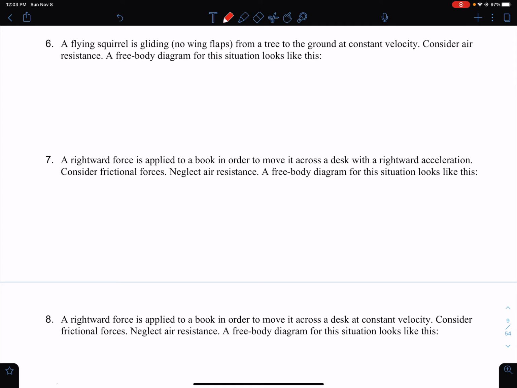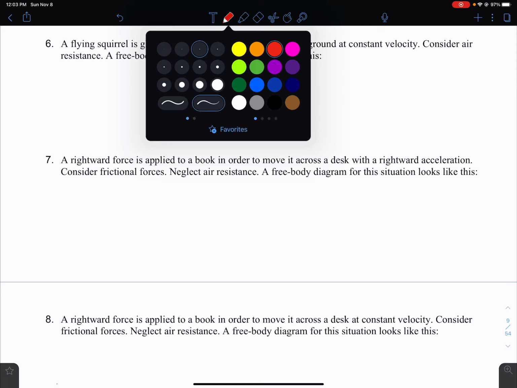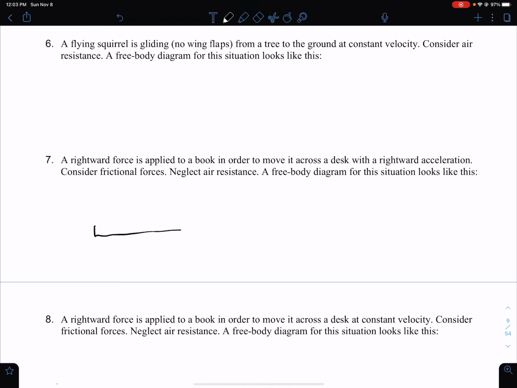It says a rightward force is applied to a book in order to move it across the tabletop. Now, the first thing I'm going to do, you wouldn't have to do this, but I'm going to sketch this out so that you can see it. You've got this book that you're pushing across the tabletop. So you know that you have an applied force, but since you have two surfaces in contact and they're going to be rubbing against each other, you're going to have some frictional force here.